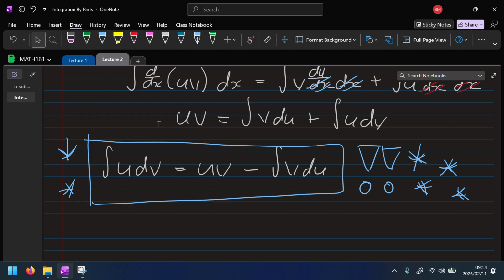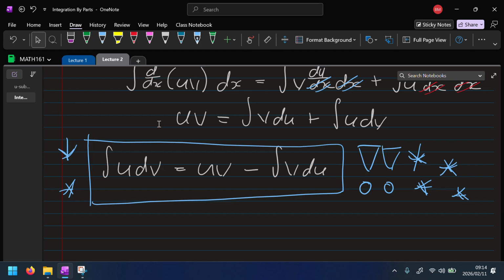One of the functions we're going to call u, the other function we call dv. We split up the integral into two parts, integration by parts. Then on that right-hand side, if we swap the derivative from instead of being on v, dv, we now swap it to u, now we get du.